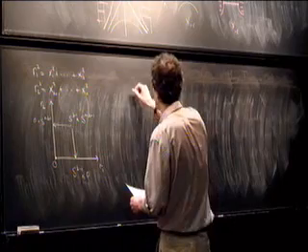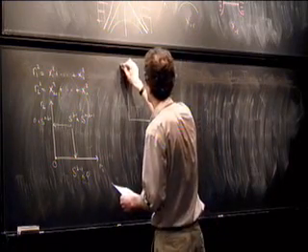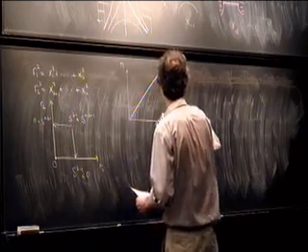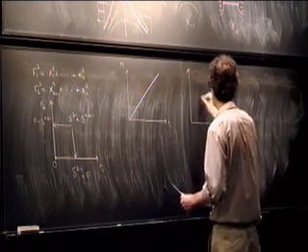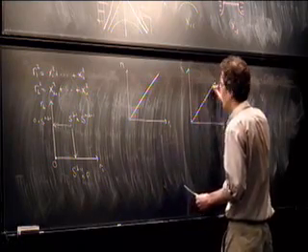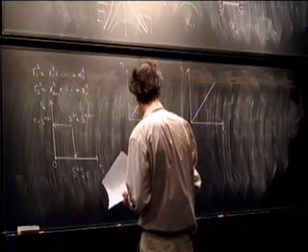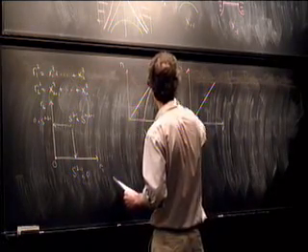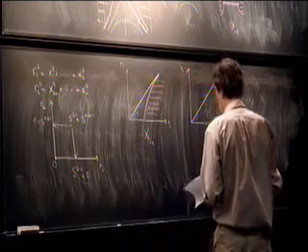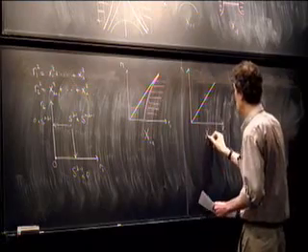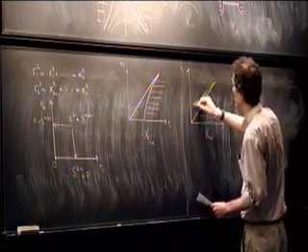Okay, so let me draw the pictures again. So if we look at x sub minus lambda, then that's this space. And if we look at x plus lambda, that's this space.